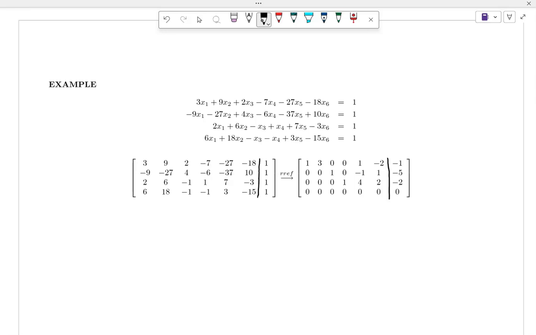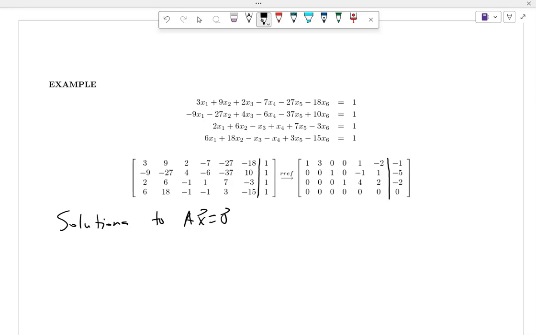Is this system consistent? Start there. Yes, I don't have any contradictions, right? So we have a consistent system. If these weren't here and these were zeros instead, what would your solution to the homogeneous system look like? Let's say I had zeros rather than -1, -5, and -2.